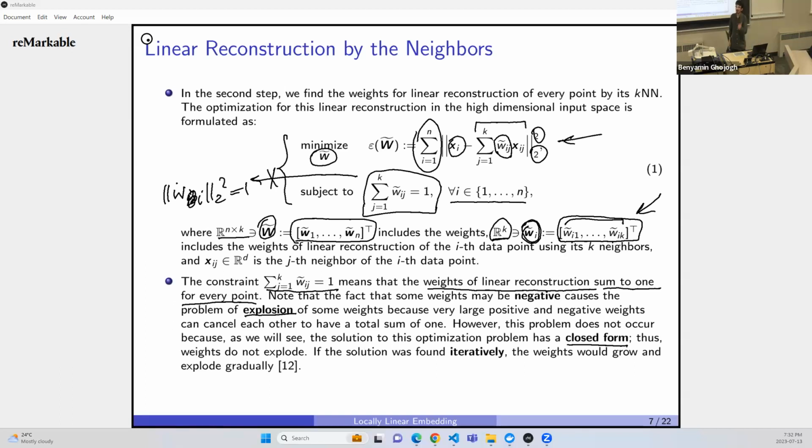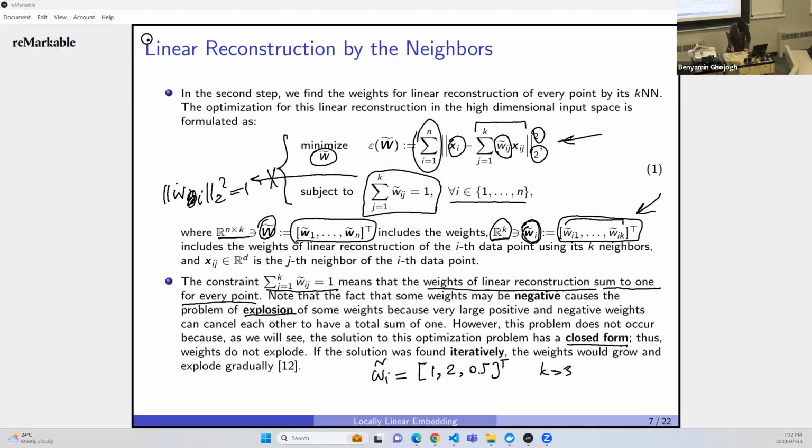Now in the embedded space, in the formulation, it is easier to define an n-dimensional W, which is 0 in all other elements except the neighbors. And for the neighbors, it has W_i tilde. So what do I mean? Assume W_i tilde is (1, 2, half) transpose.